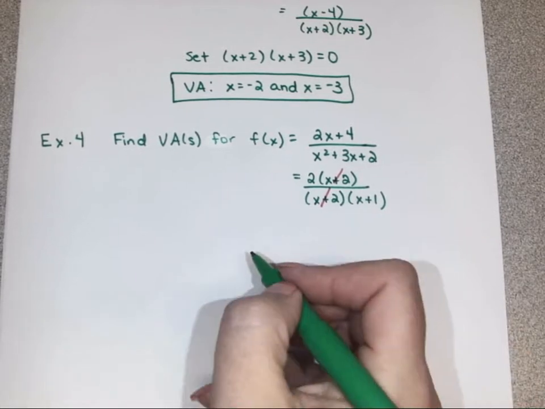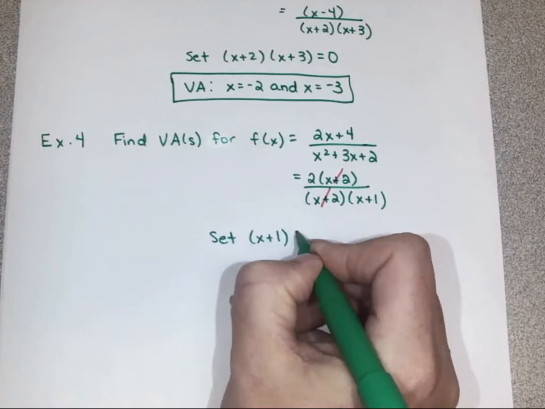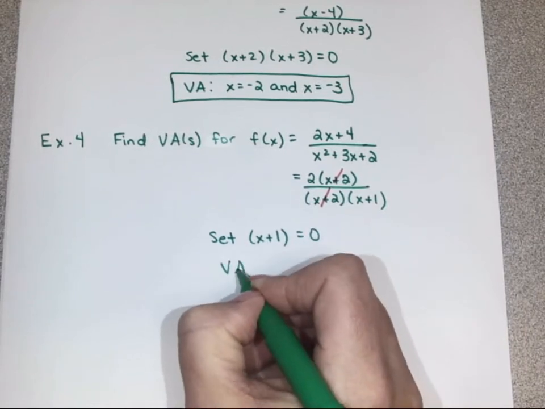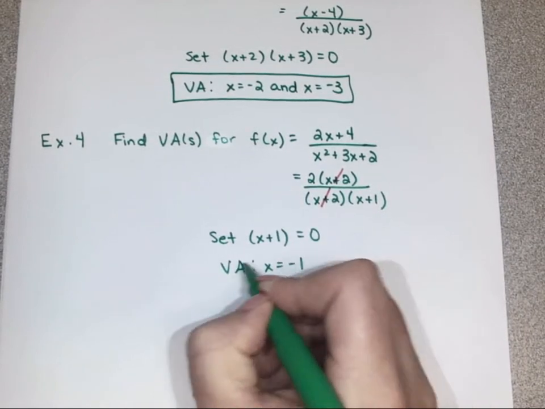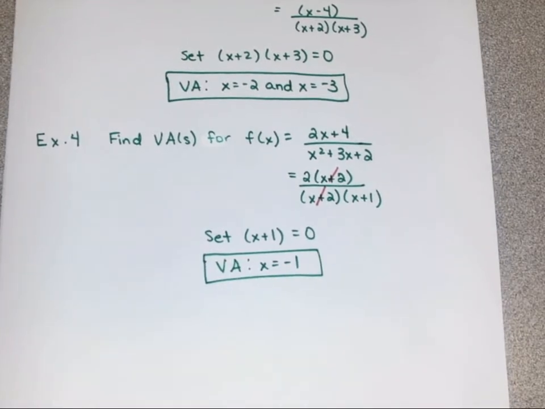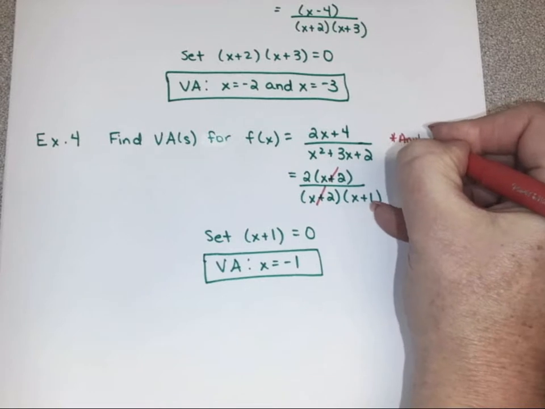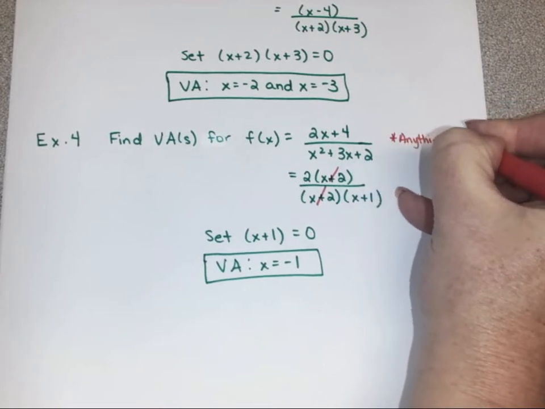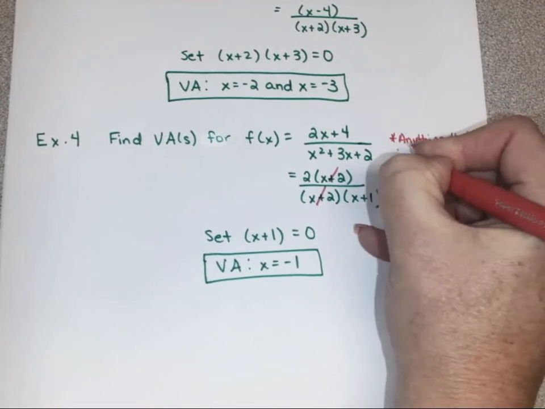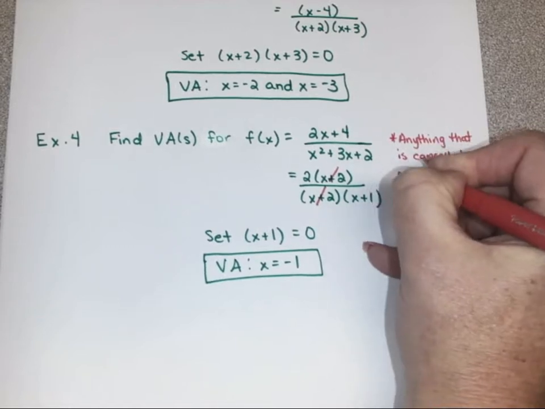We're going to talk about what we did there in just a minute. But that means that now we just set what equal to 0? X plus 1. So we actually only have a single vertical asymptote at negative 1. Okay. But just so you know, up here, I'm going to write this in another color. Anything that gets canceled out here represents a hole in the graph.